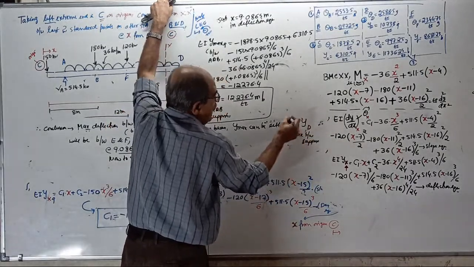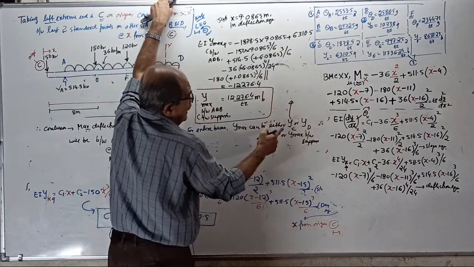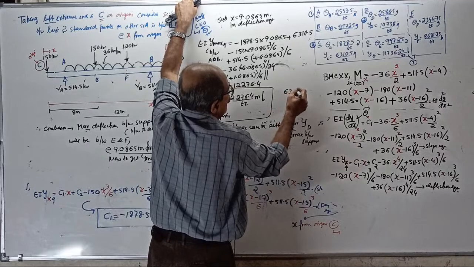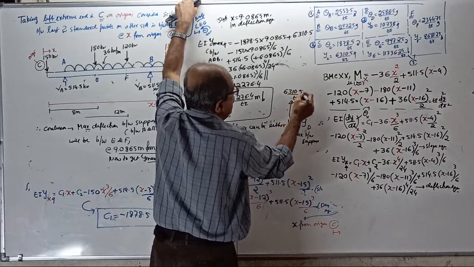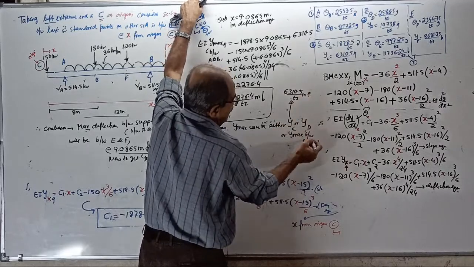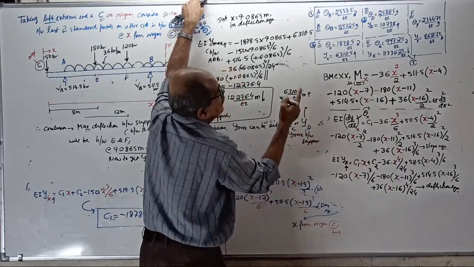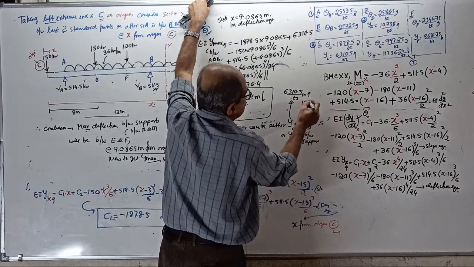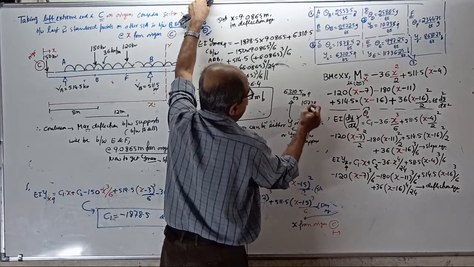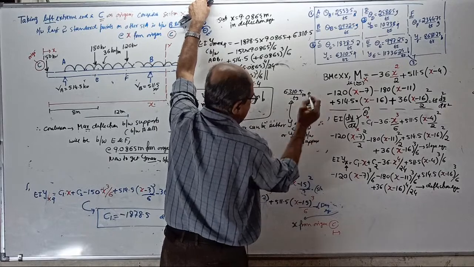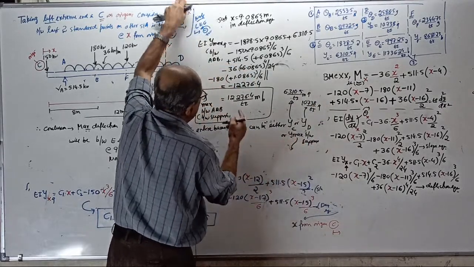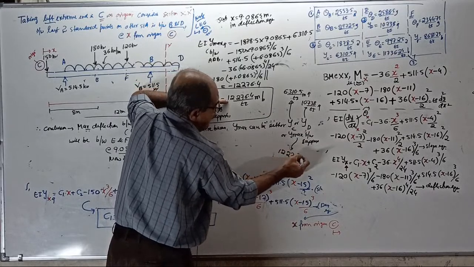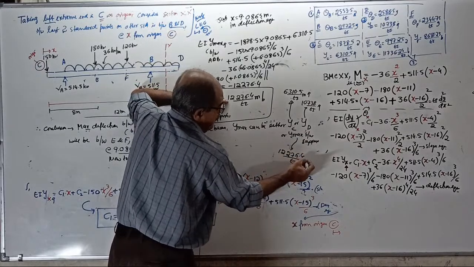Deflection at C we already got: 6310.5 by EI meter upward. Deflection at D is 738 by EI, also upward. And y max between supports, just now you got, 12276.4 by EI meter down.